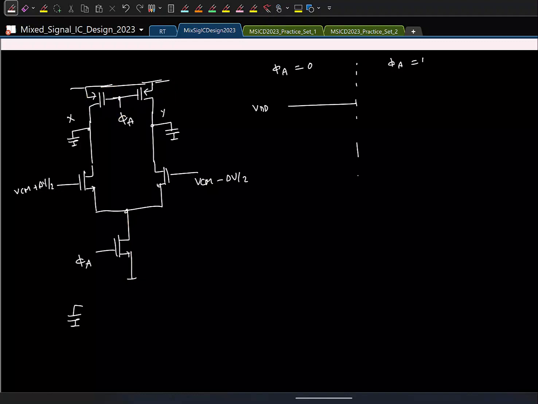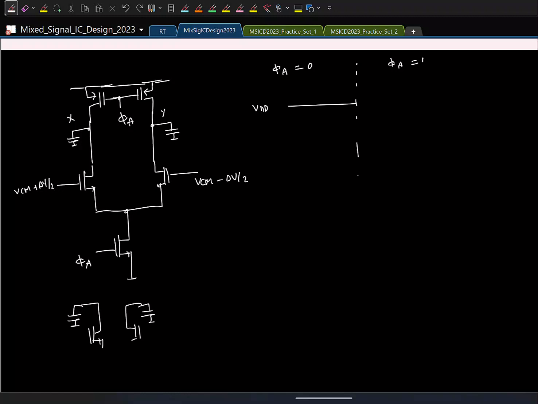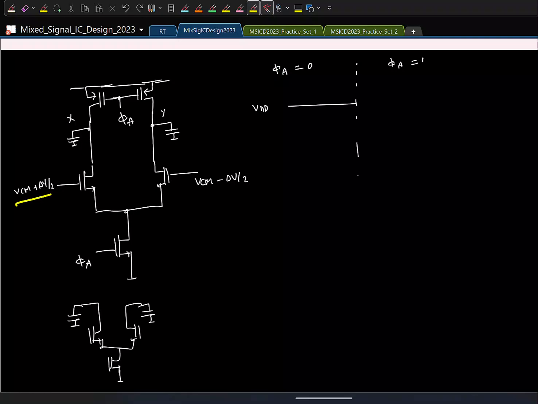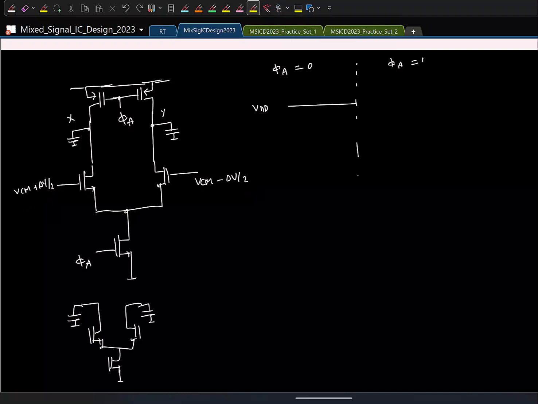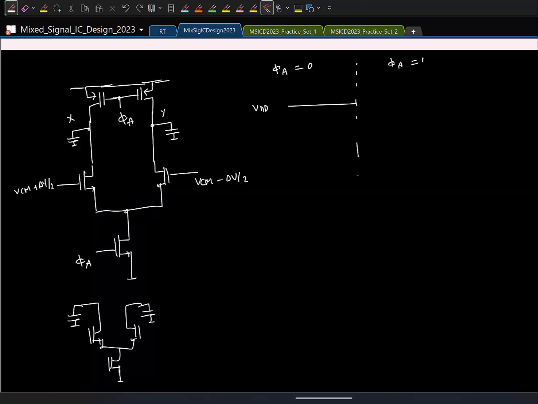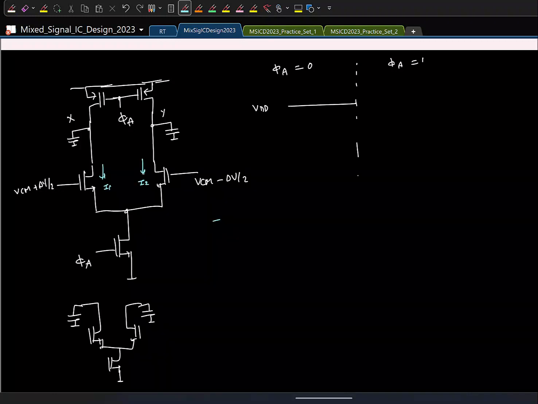You will basically have the parasitic capacitors at the output and then the differential pair here, right? And I am applying the inputs like this: VCM plus delta V by 2, VCM minus delta V by 2. So what will be the small signal current flowing in this transistor? I am applying delta V by 2, so it's GM delta V by 2. So if I say this is I1 and I2, I1 will have a DC plus GM delta V by 2.